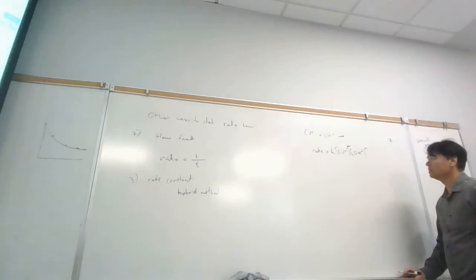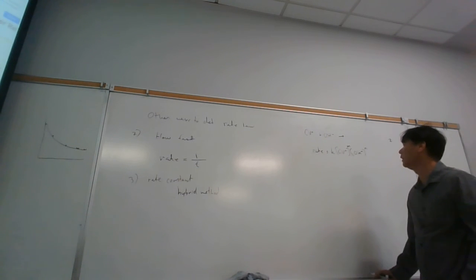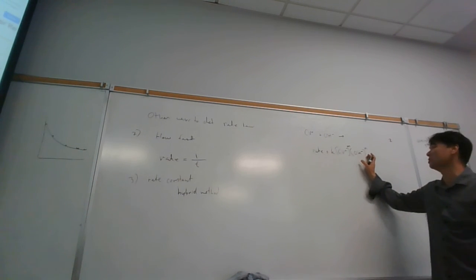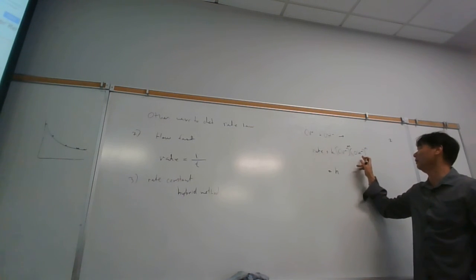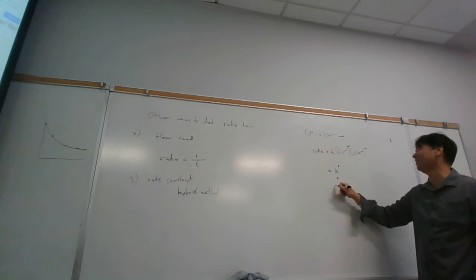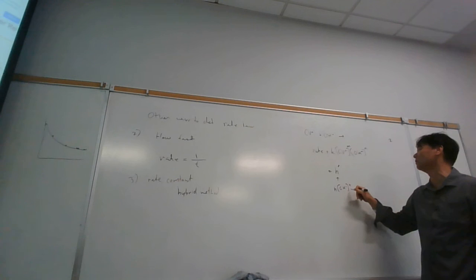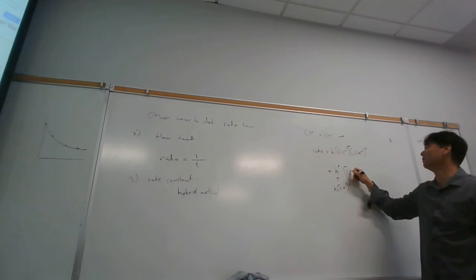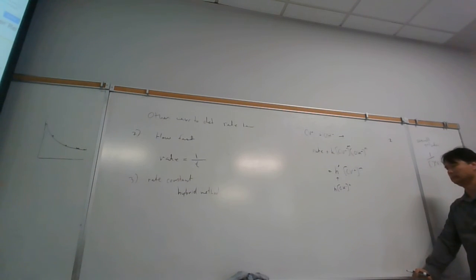And so what we did was a pseudo M order. That is, we made the concentration of hydroxide very high. In doing that, we fold hydroxide into K and call this K prime, where K prime is the original K times the hydroxide concentration to the N power. And then this will be equal to the crystal violet concentration to the M power. That's what we did for this.